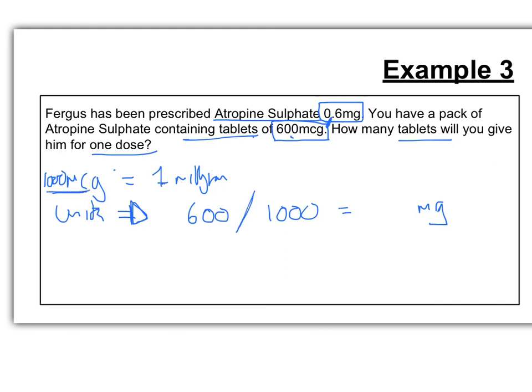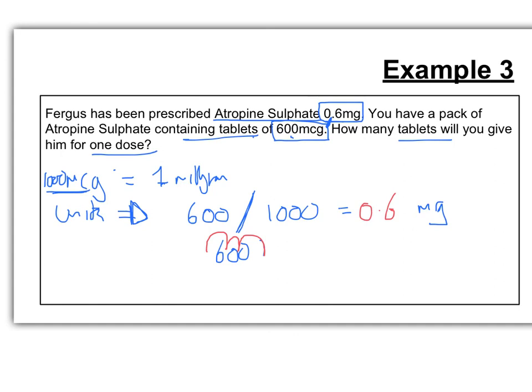The way I do it is divide by 10, go there, divide by 100, go there, divide by 1,000, go there. That gives me 0.6. So each tablet has 600 micrograms, which is the same as 0.6 milligrams.